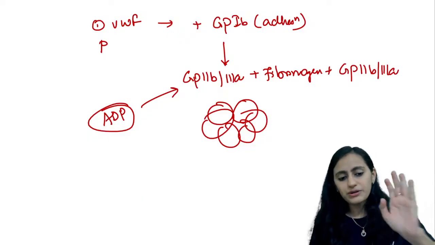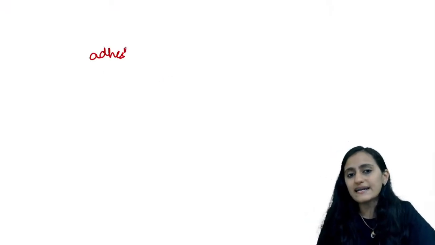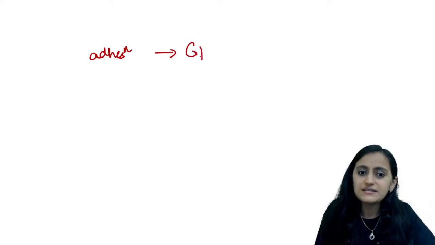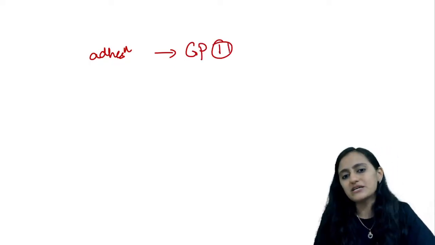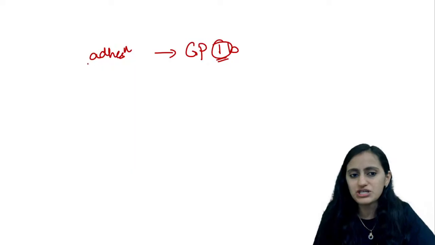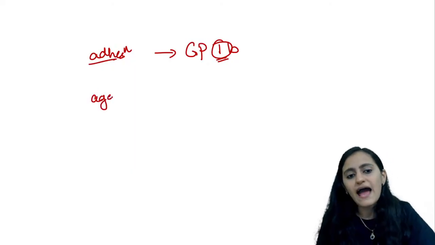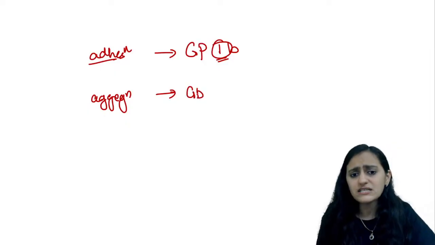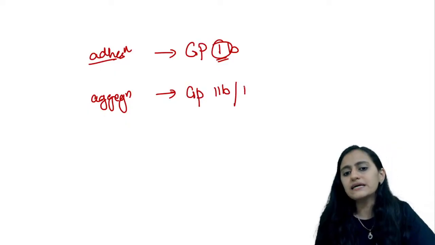Right? So to remember this easily, which is the receptor for adhesion? Because adhesion comes before aggregation, it is GP1. It is GP1B. So for adhesion, it is GP1. For aggregation, after number 1 comes 2 and 3. So it is GP2B3A.